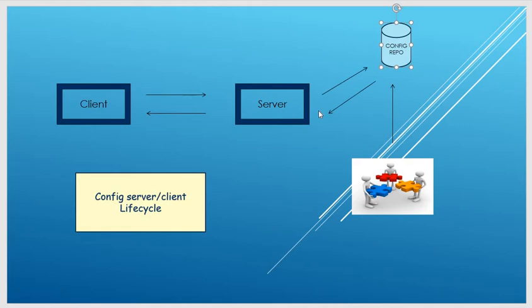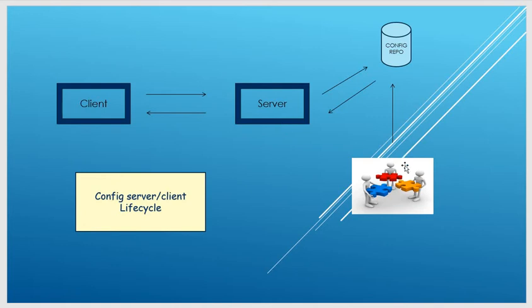If you're familiar with profiling, we have different files for different profiles, like for production, staging, dev, and local system. As a developer, you can make your own file and activate it. Your server interacts with the config repo and loads that file, and then your client fetches those properties from the server, and all that happens at startup.